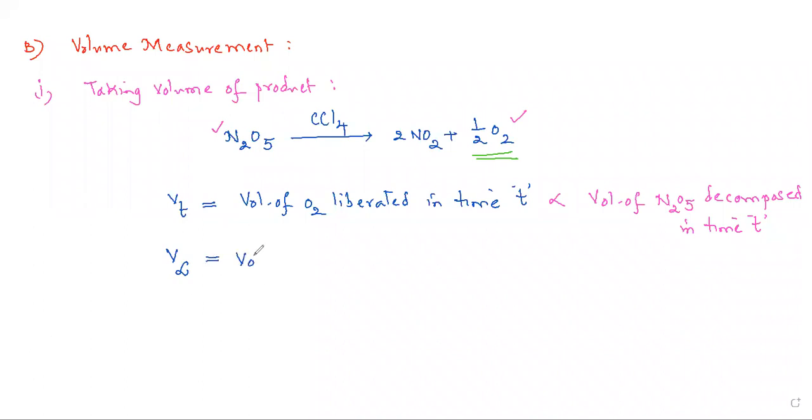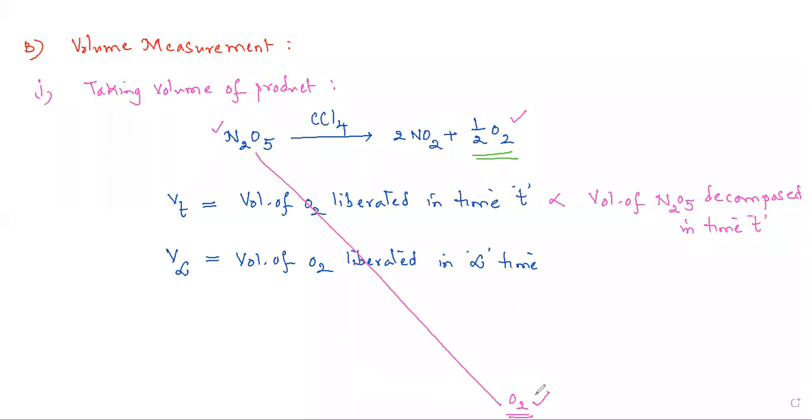Now, this is in fact the volume of oxygen liberated in infinite time. What does that indicate? Now, as I said, if you consider this final information, whatever volume of oxygen that we'll be getting after infinite time is nothing but the volume of N2O5 we have actually started with.